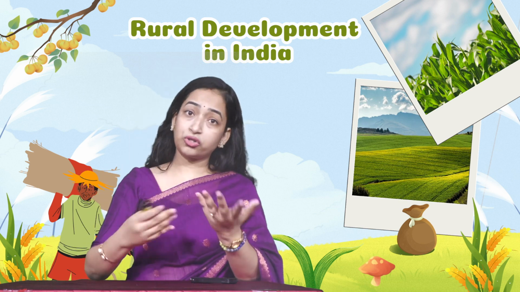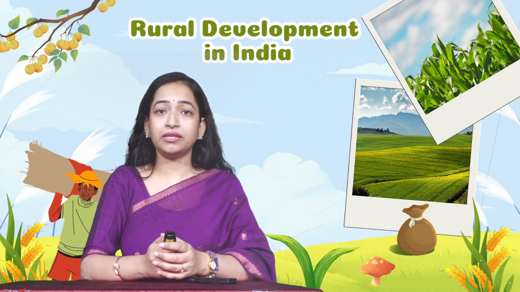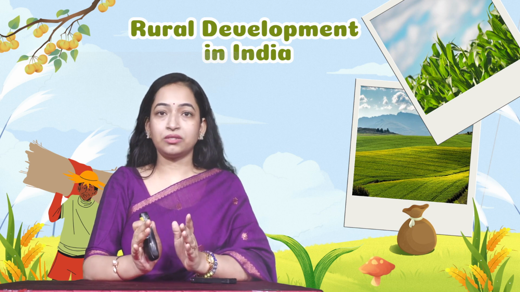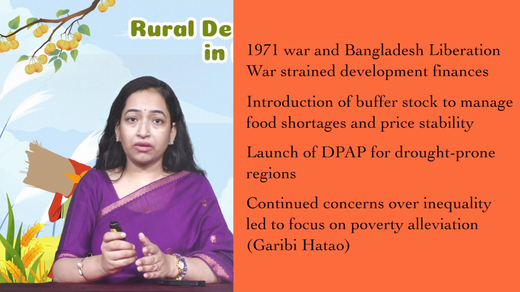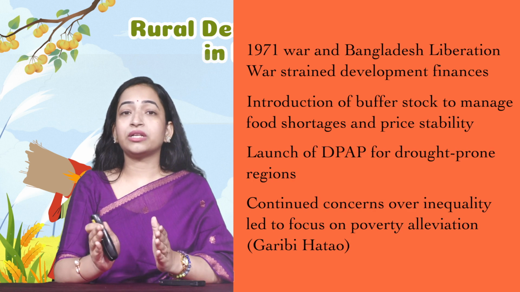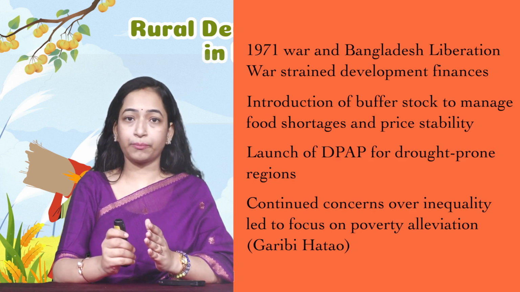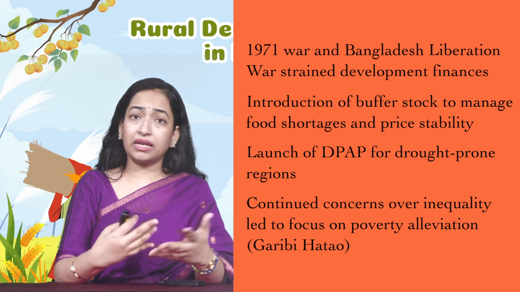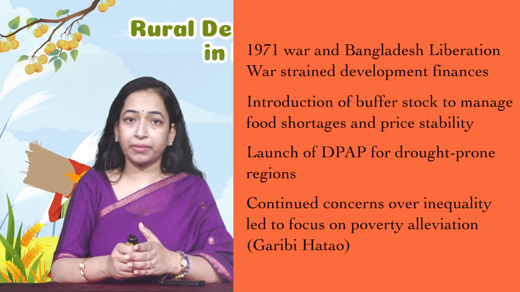But there were also setbacks, like the geopolitical situation in the Indian subcontinent, which posed challenges to economic planning. The Indo-Pakistan War of 1971 and the Bangladesh Liberation War diverted substantial financial resources towards defense and humanitarian support.